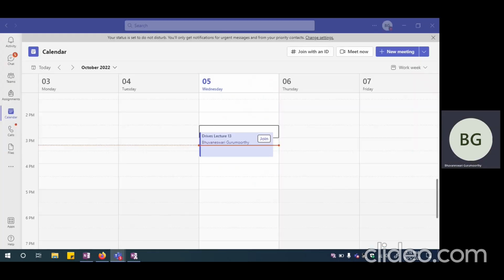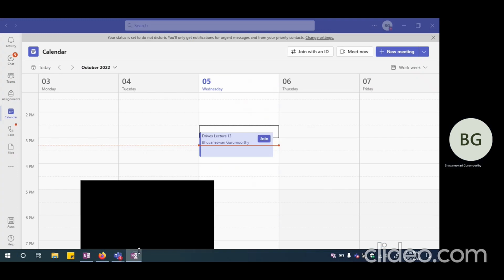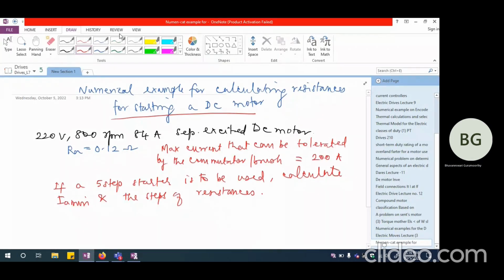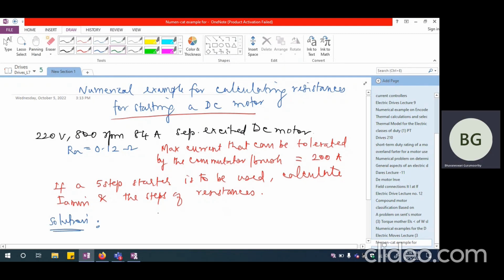Okay. So to work out this problem, first of all, we need to say what is the total resistance that needs to be included. So it's the 220 volts motor and the maximum current that can be tolerated is 200 ampere. So VA divided by IA max is going to be R total.